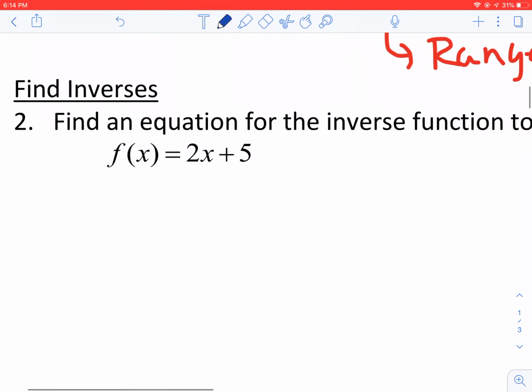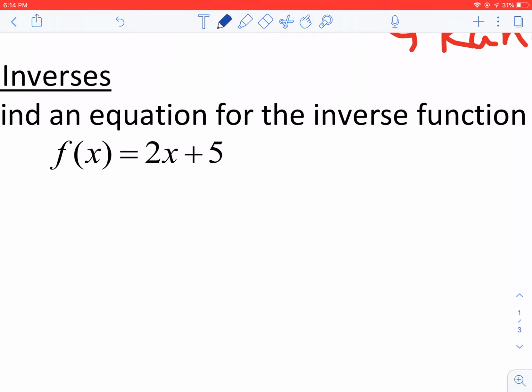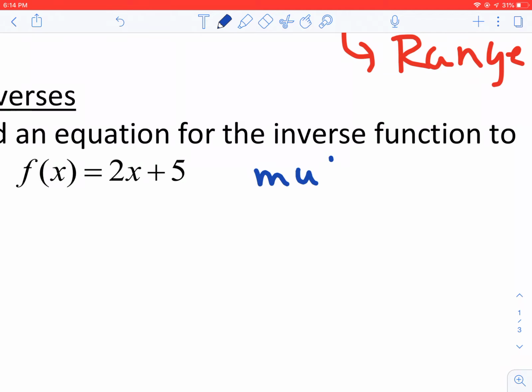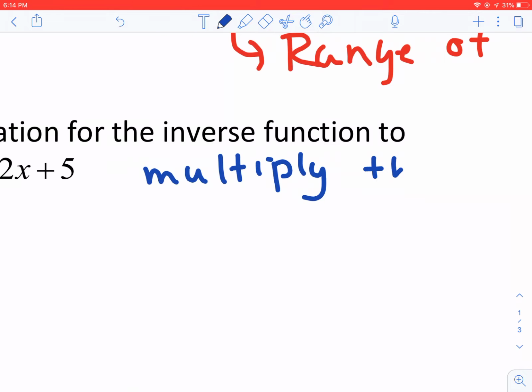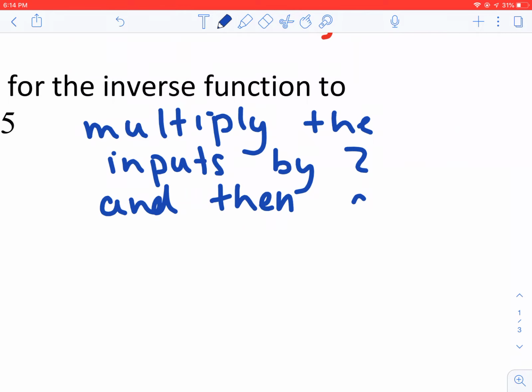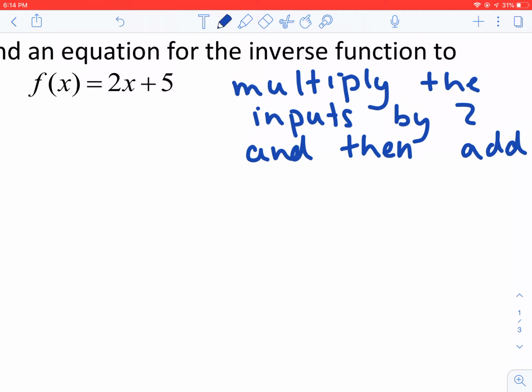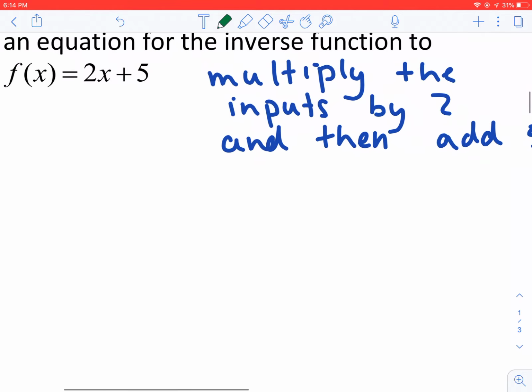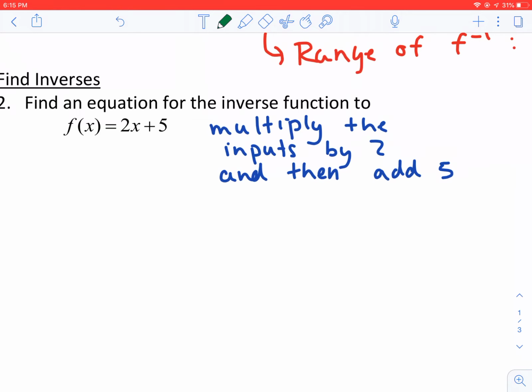In words, x is my inputs. This function is telling me to multiply the inputs by 2 and then add 5. So what is going to be the exact opposite of this?